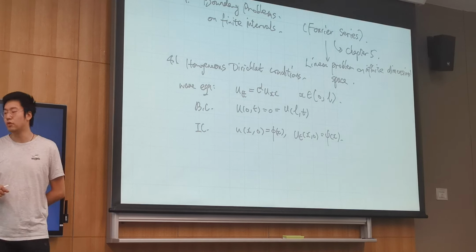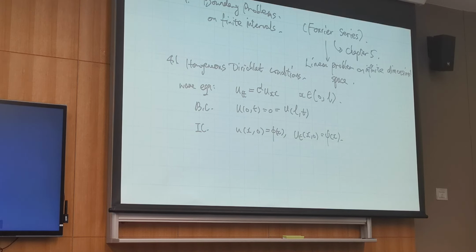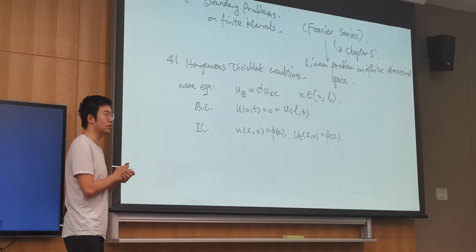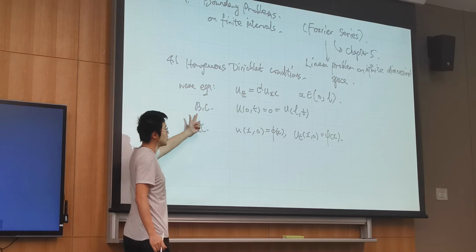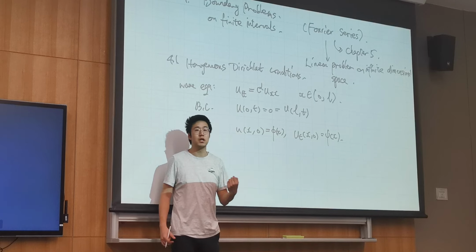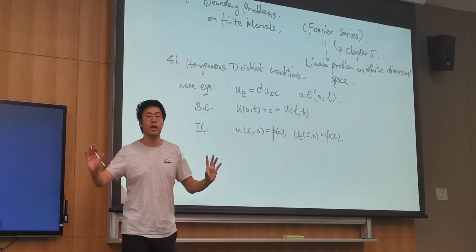What we have done in chapter 3 for the homogeneous Dirichlet condition was that, because the boundary conditions are 0 on both sides, we do reflections on both sides.